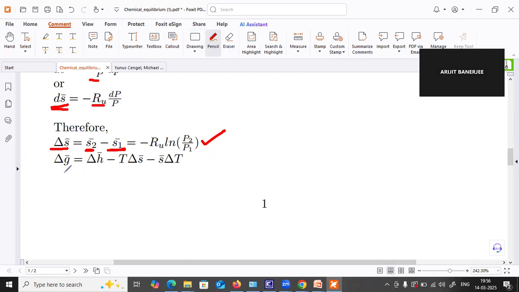Now delta S we have calculated by this, and we will put it in this term.